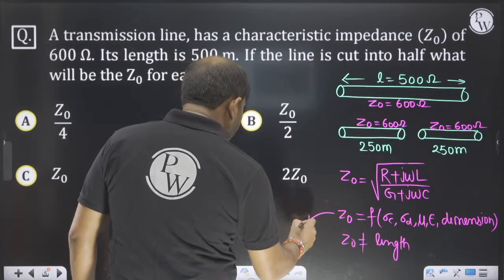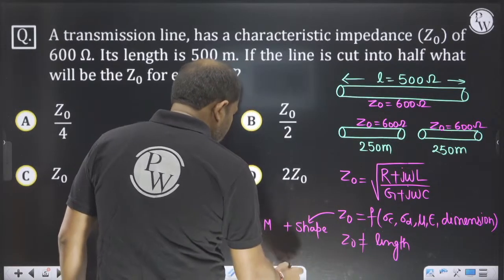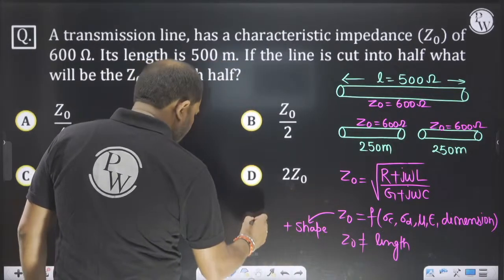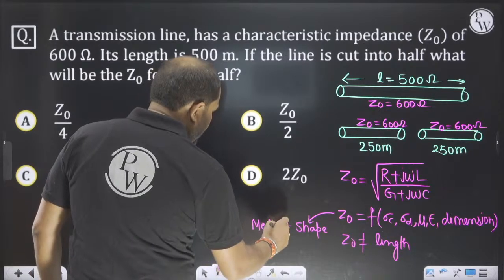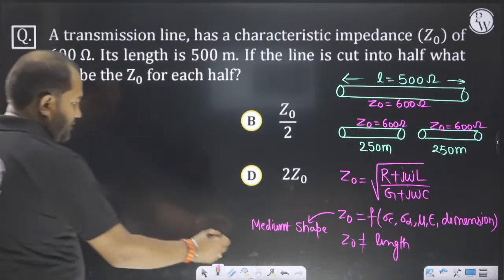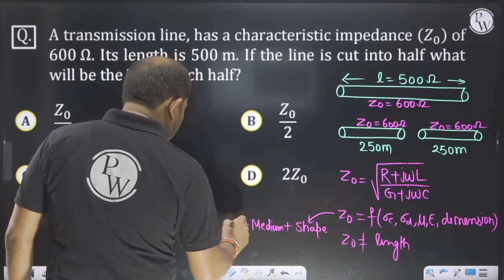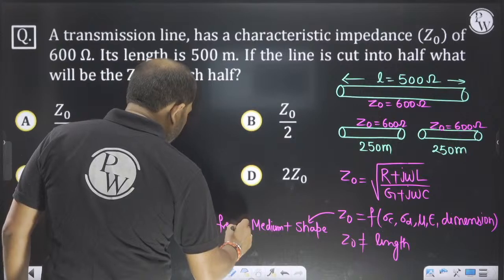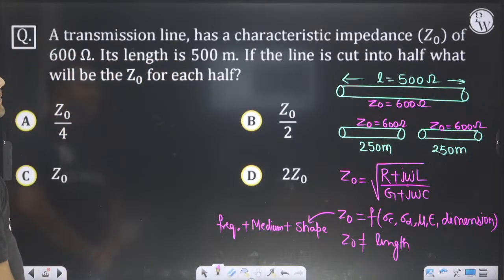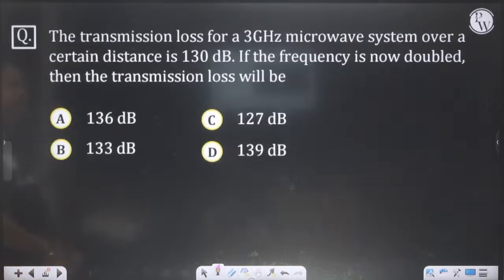It depends upon shape plus medium, which type of shape you are using and which type of medium you are using, plus frequency also. Omega is there, so it has frequency also. So it does not depend upon the length. So characteristic impedance will be Z0 only.